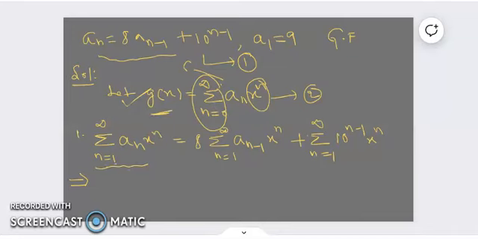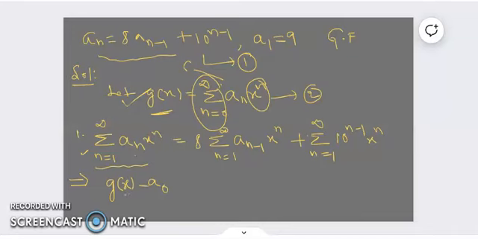But here summation n equals 1 to infinity a_n x power n is there. That's why from equation number 2, we write this term in generating function form as G of x minus a_0. Why? Because here the first term, the constant term, is missing. That's why from equation number 2, the first term is missing in this case.